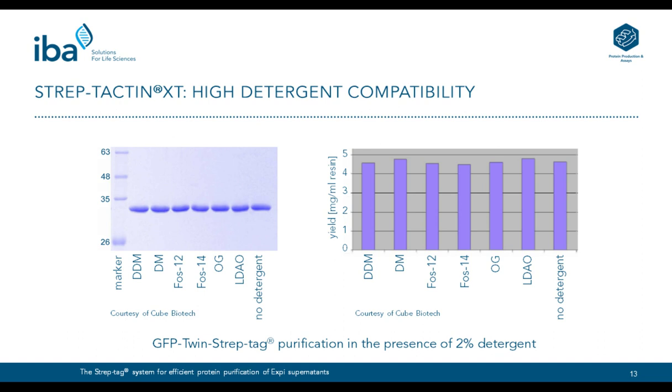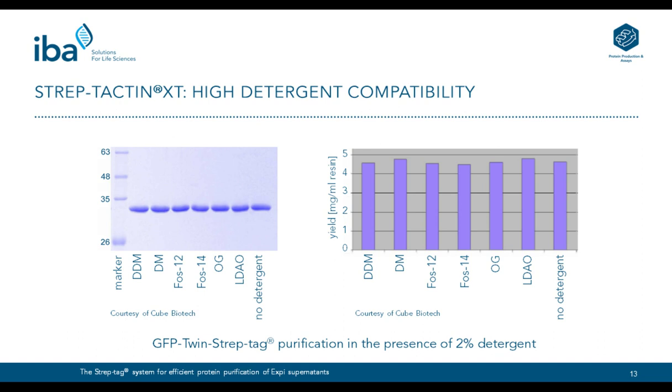So, I've already mentioned that the system is quite compatible with different detergents, and these data here were provided by IBA Biotech, and they purified GFP Twin-Strep-tag fused proteins in the presence of 2% of different detergents.